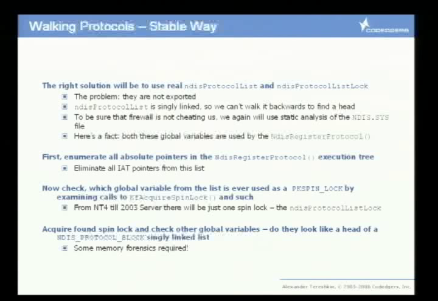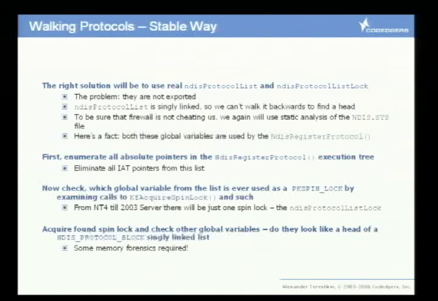We will check every found global variable to see whether it is a pointer to a spin lock by examining the calls to the KeAcquireSpinLock function. And actually, there exists just one variable which is used as a spin lock pointer.